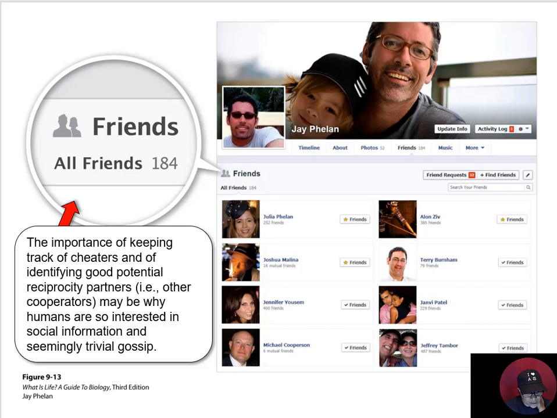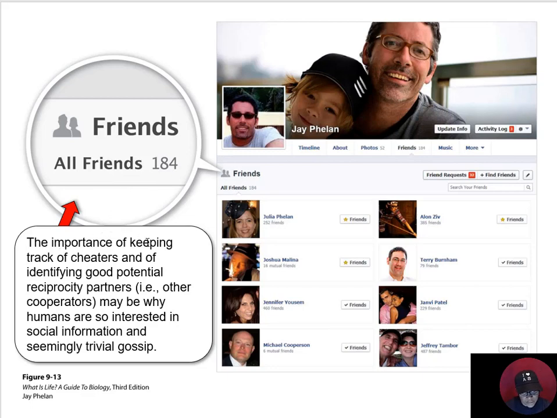And it turns out that we are motivated by the same thing, by this reciprocal altruism. So we can see this in social media. We can see here we keep track of friends, right? How many friends do I have? Do I have a lot of friends? Do I have a few friends, right?